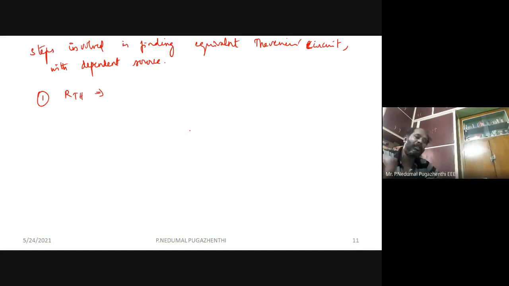For summarizing your entire thing, we have discussed finding out RThevenin and finding out your VThevenin. Okay, for RThevenin, what you have to do: eliminate the independent source.